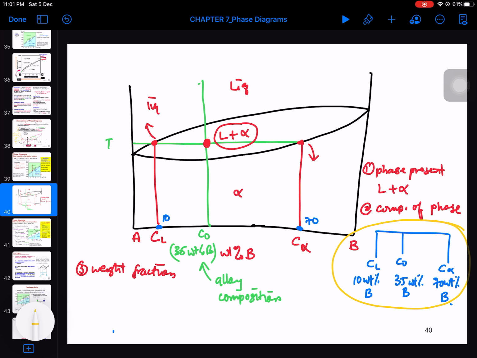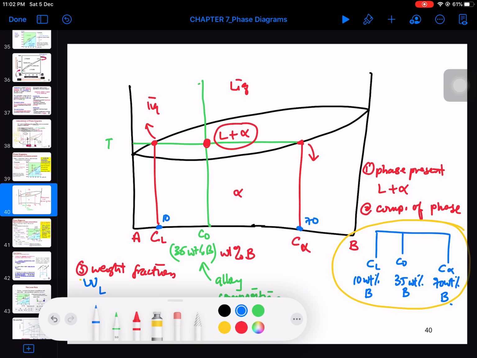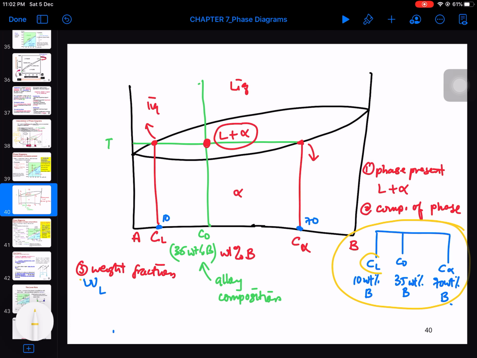First, let's say we are going to calculate the weight fraction for our liquid, W L. Liquid is at this side. So if you want to calculate the weight fraction of liquid, you have to get the length on the opposite side of the line, which is this much.